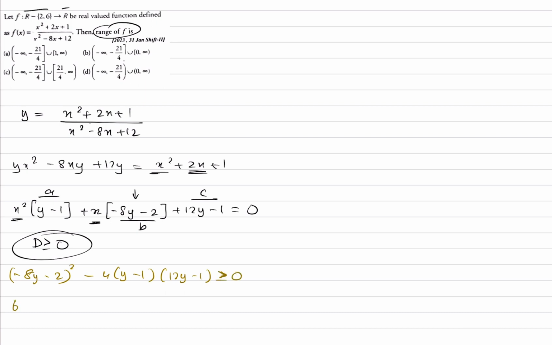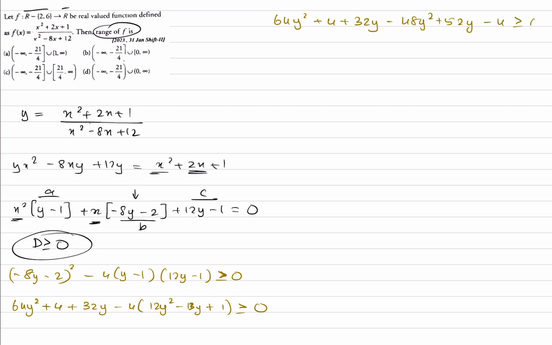So when you do the calculation, 64y square plus 4 plus 32y minus 4 into (12y square minus 13y plus 1) greater than or equal to 0. And when you take it inside, you will be getting it as 64y square plus 4 plus 32y minus 48y square plus 52y minus 4 greater than or equal to 0.